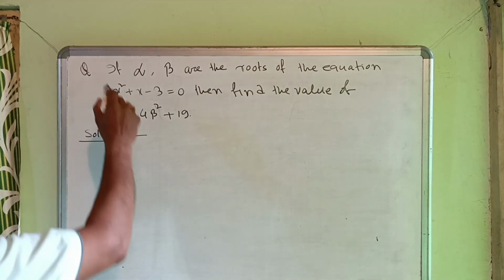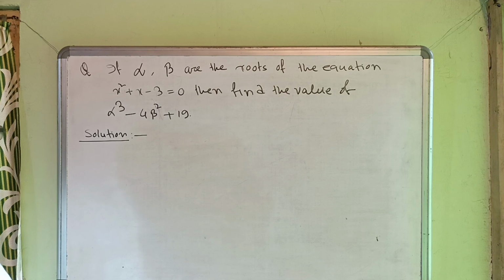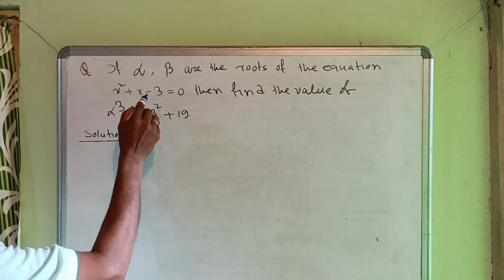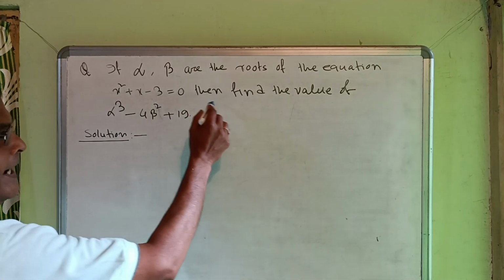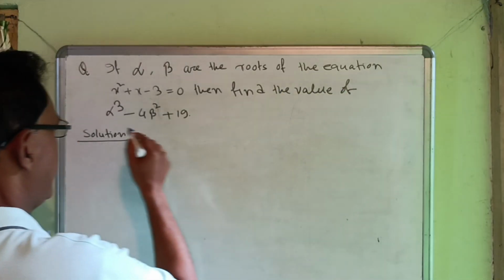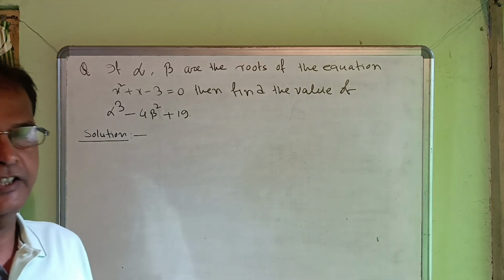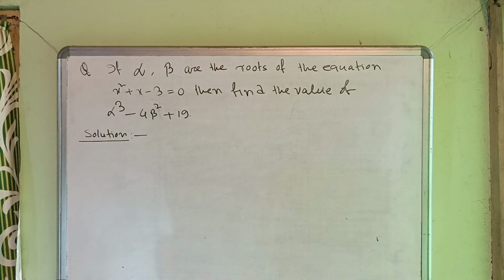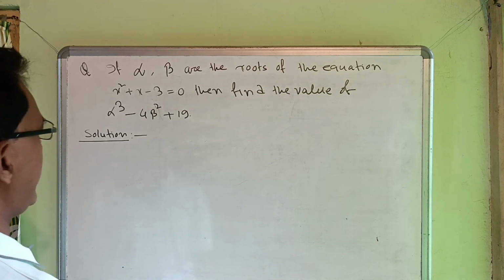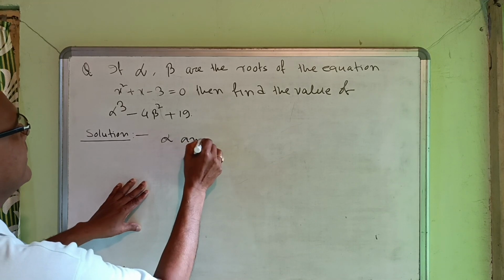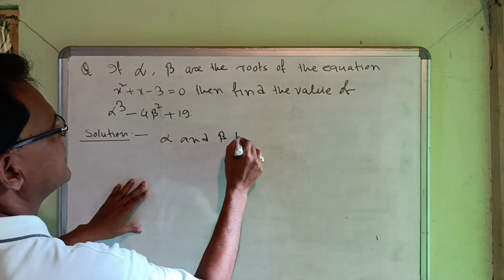The next question is: if alpha and beta are the roots of the equation x square plus x minus 3 equal to 0, then find the value of alpha cube minus 4 beta square plus 19. It is given that alpha and beta are the roots.